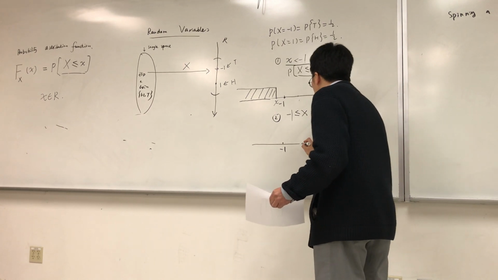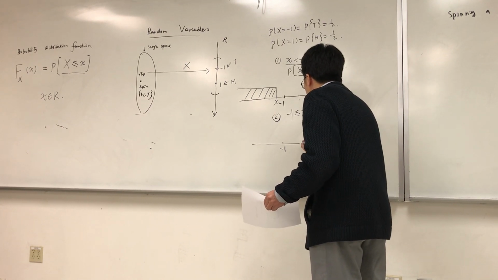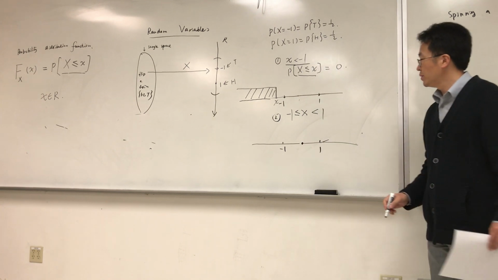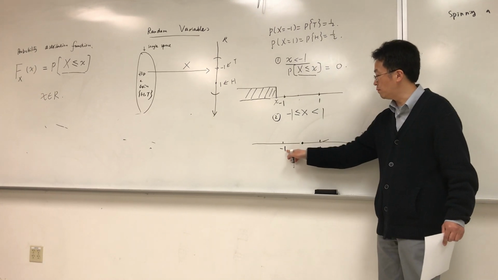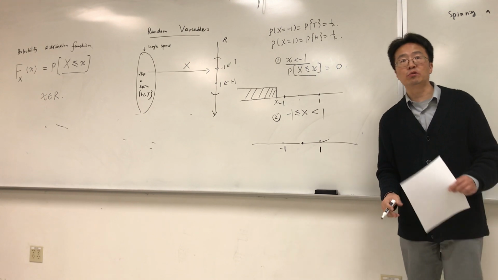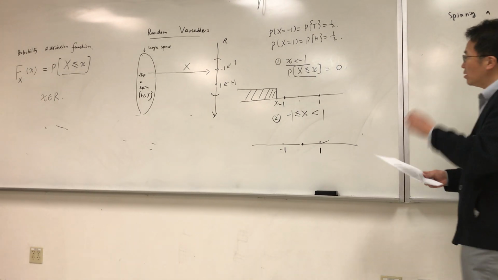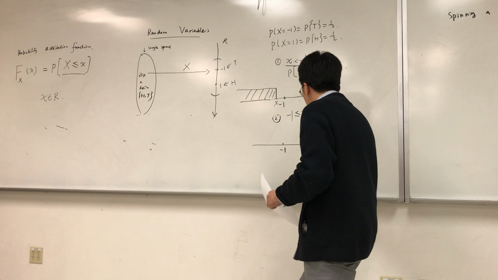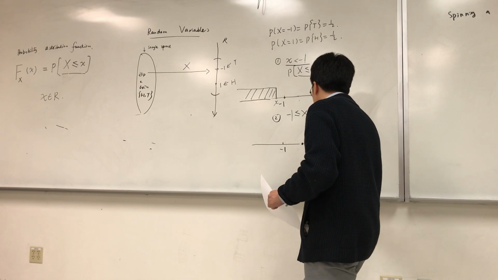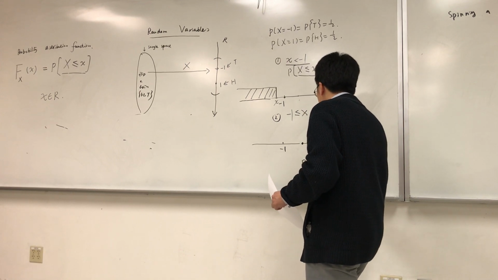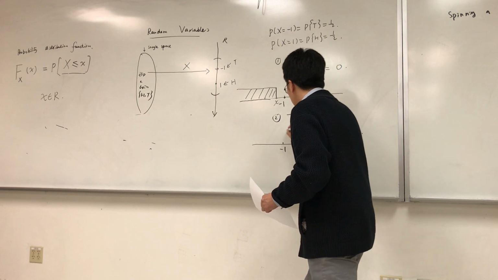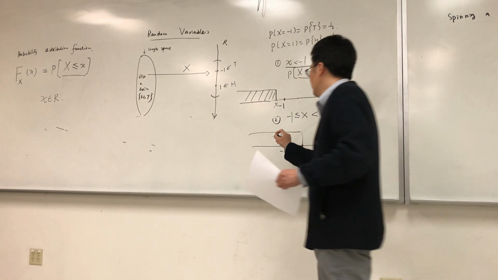So let's say x is somewhere here. You can see -1 might be inclusive, but 1 should be exclusive. And then again we have to determine this probability.